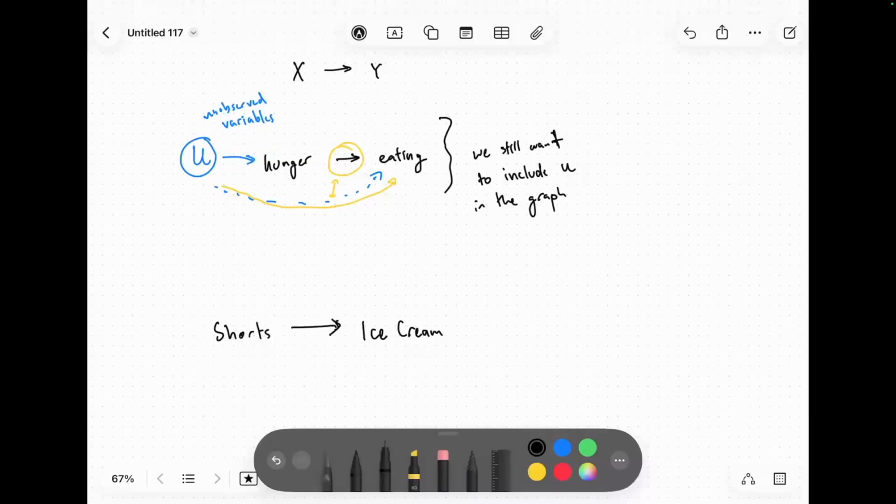And so I go out and I observe that when people are wearing shorts, we see a lot more people eating ice cream, right? And so I come to the conclusion that wearing shorts makes you want to eat ice cream.